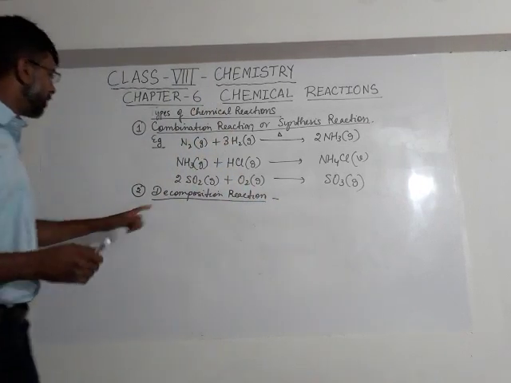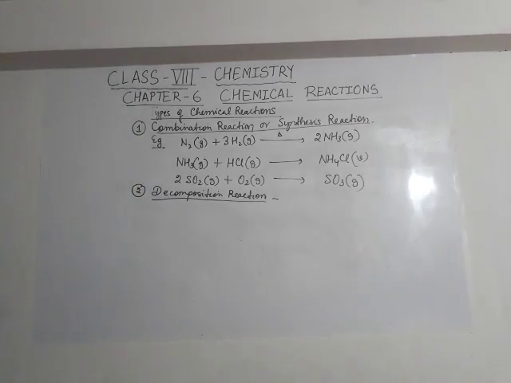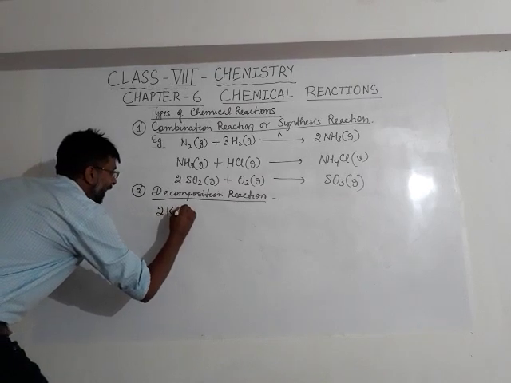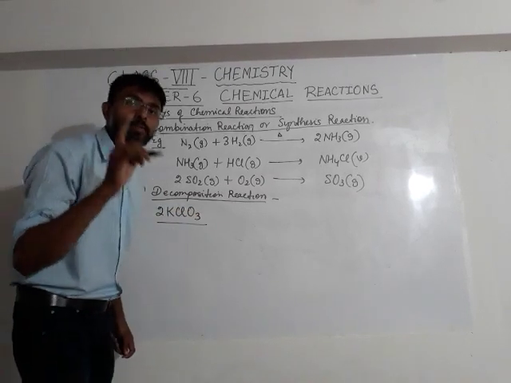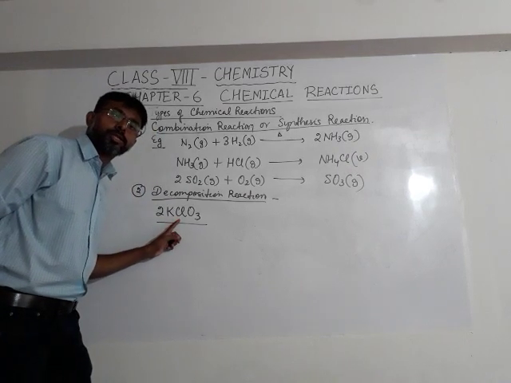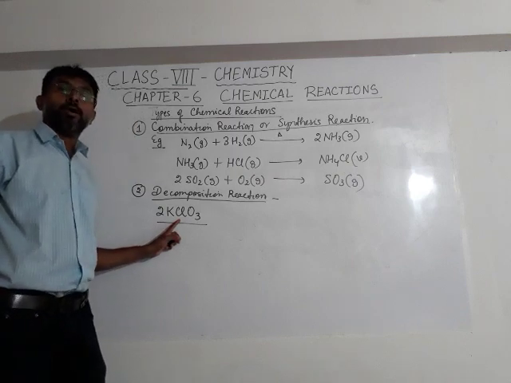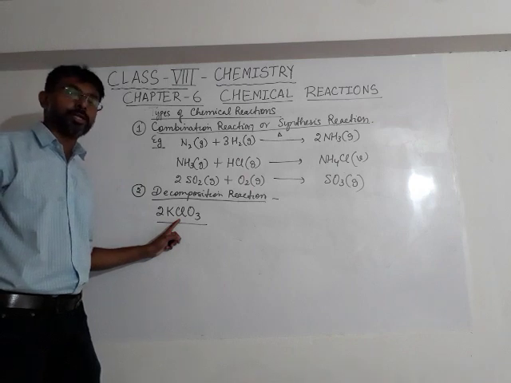Let me explain this decomposition reaction with the help of an example. The first example is 2KClO3. This compound is called potassium chlorate. We have already come across this chemical formula in the previous chapters. When I was teaching you chemical formulas, I mentioned this name already.